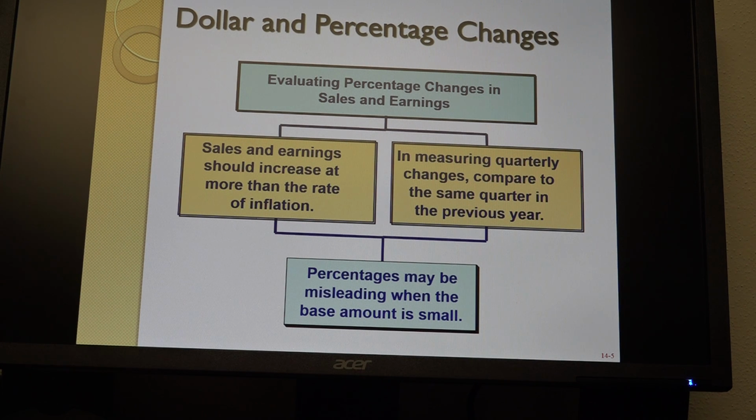So the example they have is you start out with $10,000 net income in year one, because you're just starting the business. And then in year 2, you have a $100,000 net income. Well, comparing the base net income of $10,000 to $100,000, you've got a 900% increase. Well, why do you have that? Well, it's because your base, the $10,000, is such a small number.